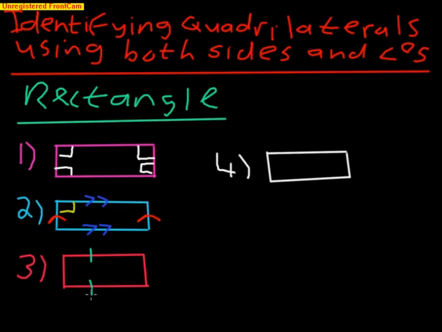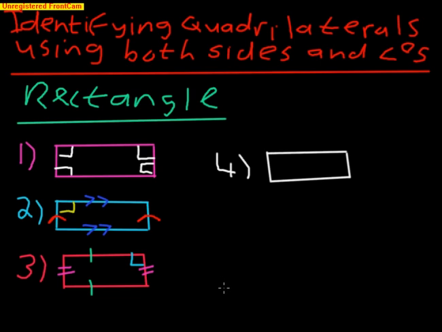So we have one pair, two pairs of opposite sides that are equal, and once again, it has a right angle. So here we have a right angle, it can be any of the four angles.